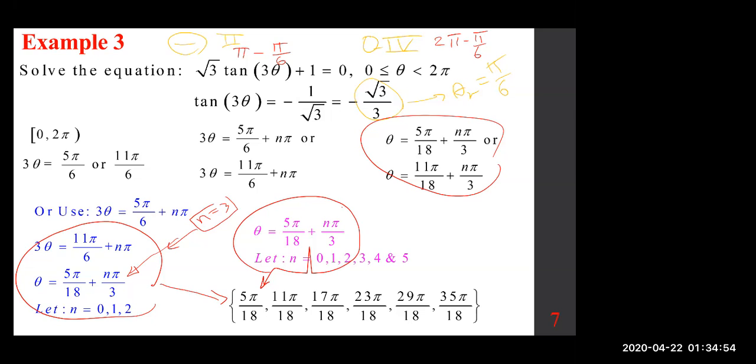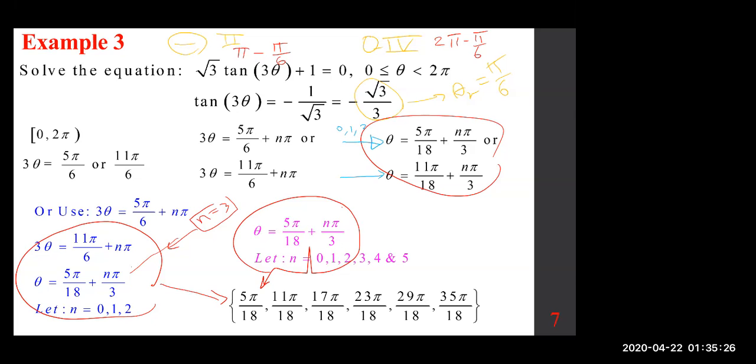Okay, class? So that's important to understand. So you have 2 choices. You use 0, 1, 2, 3, 4, 5 for the smaller one, or you use 0, 1, 2 for each one. This one, you put 0, 1, 2.